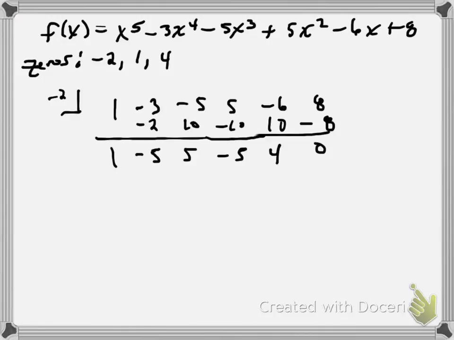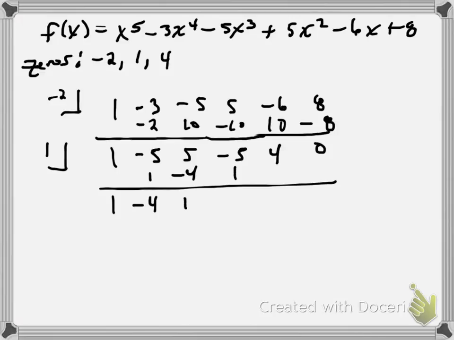My goal is to use synthetic division 3 times to make it quadratic. So I'm just going to keep these here, and now what was my other zero? I'm going to put 1 in the box. Bring the 1 down, so 1 times 1 is 1, and that gives me a -4. 1 times -4 gives me -4, gives me 0. So 1, 1, -4, -4, and 0.